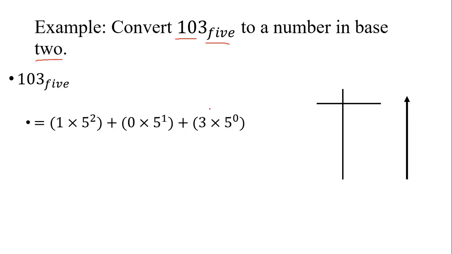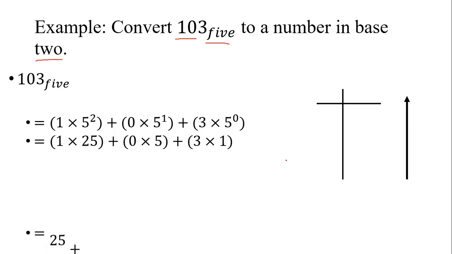Simplifying further, we have 1 times 25 plus 0 times 5 plus 3 times 1. That gives us 25 plus 0 plus 3, which is 28 base 10.